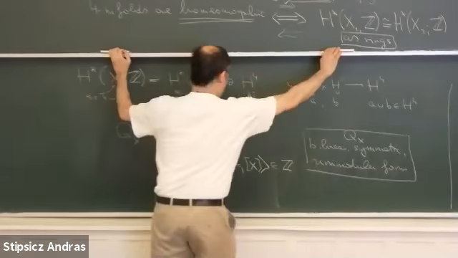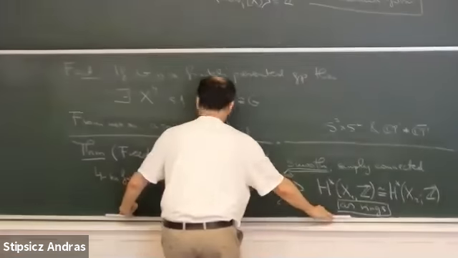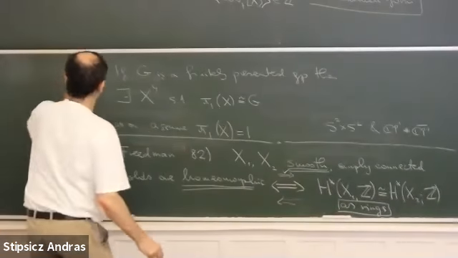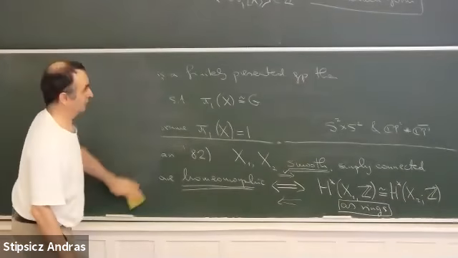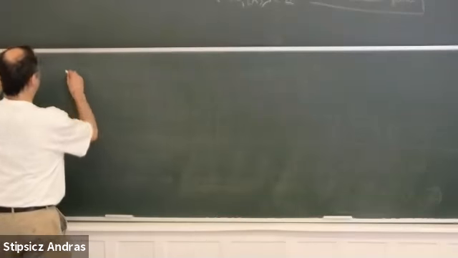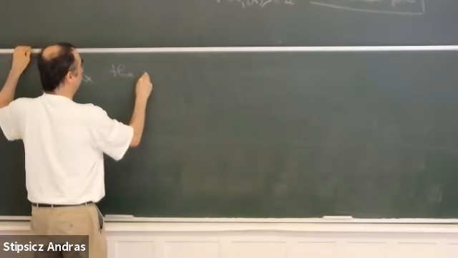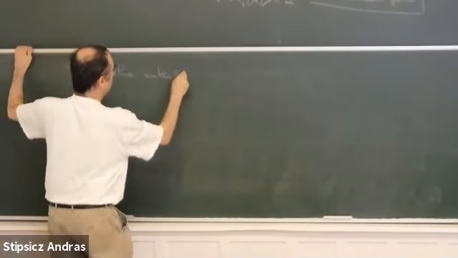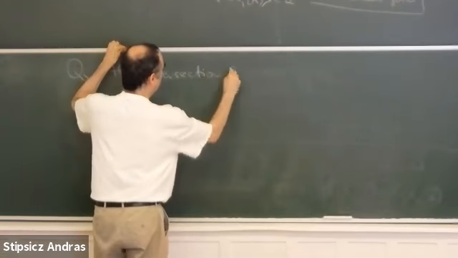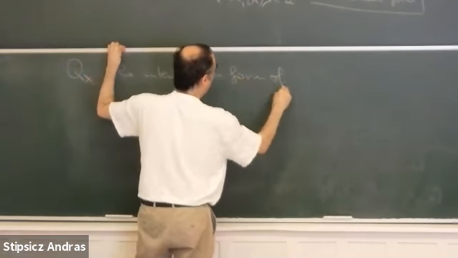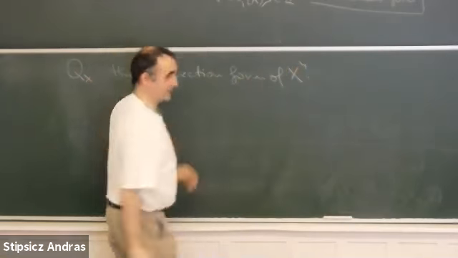So Q_X is the intersection form of the four manifold X.